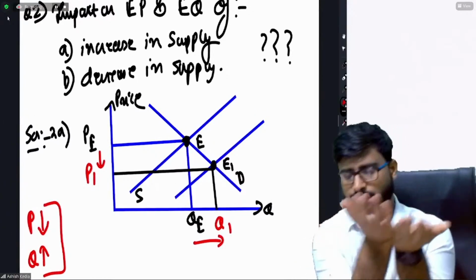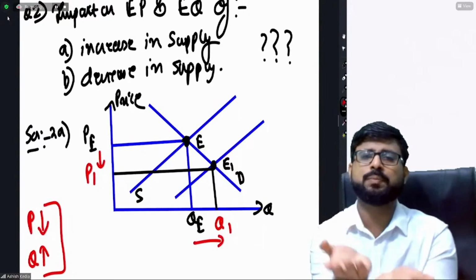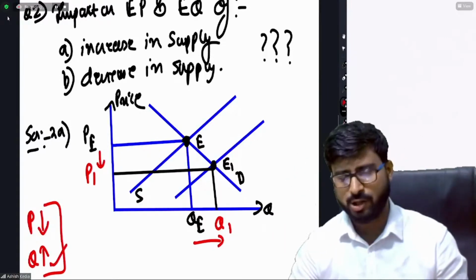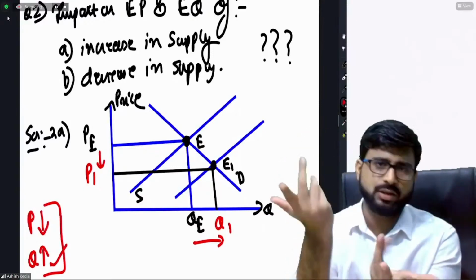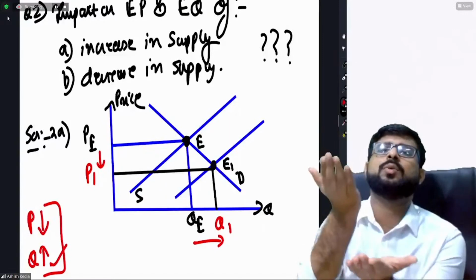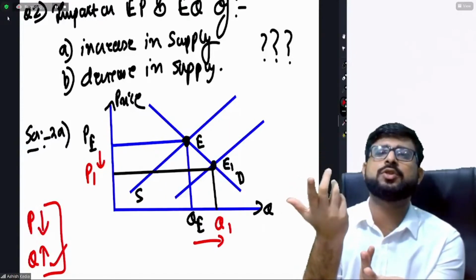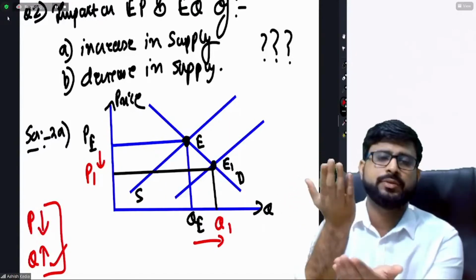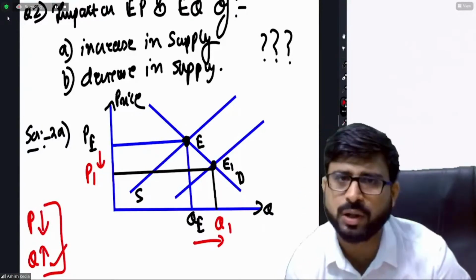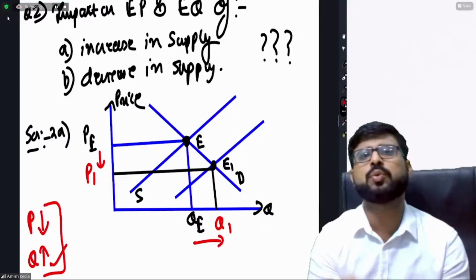Demand, supply. What happened to supply? Supply increased. So quantity increased. Demand remains the same. Now, when supply increases, there is excess supply. Whenever there is excess supply, what happens to price? I will have to tell you now. Whenever there is excess supply, prices fall. So here also prices fall.